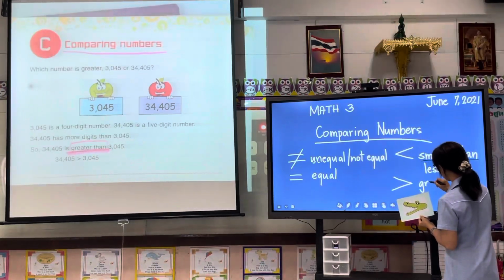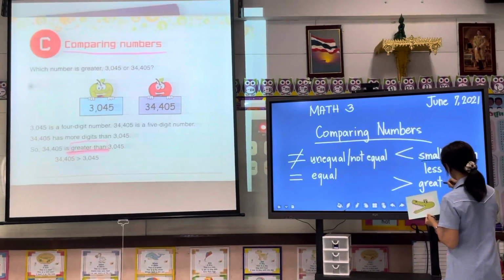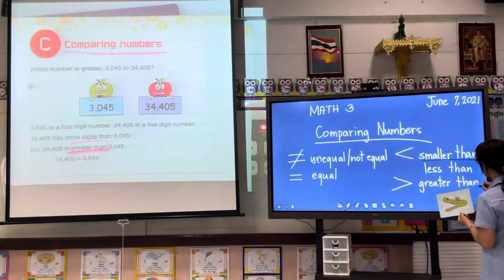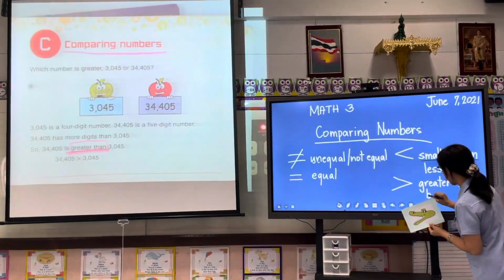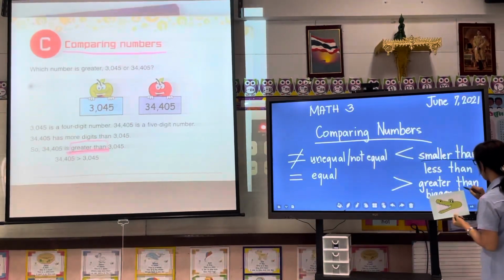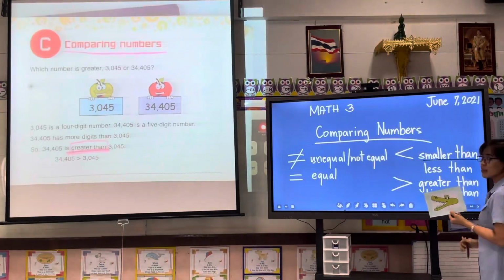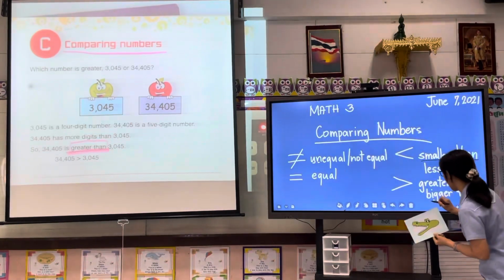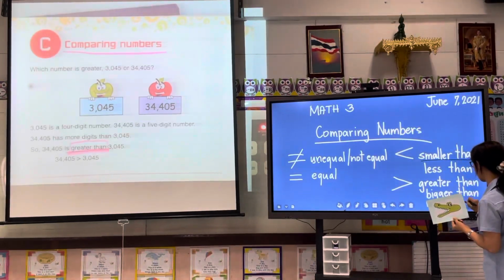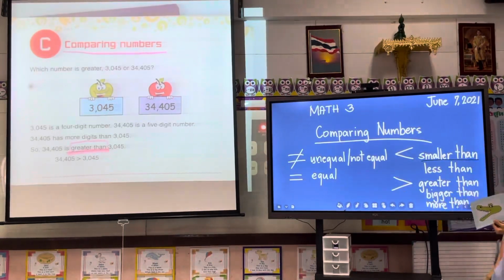The first is greater than, which is commonly used. Greater than, bigger than. And the other one is M-O-R-E, more than. The words more than.